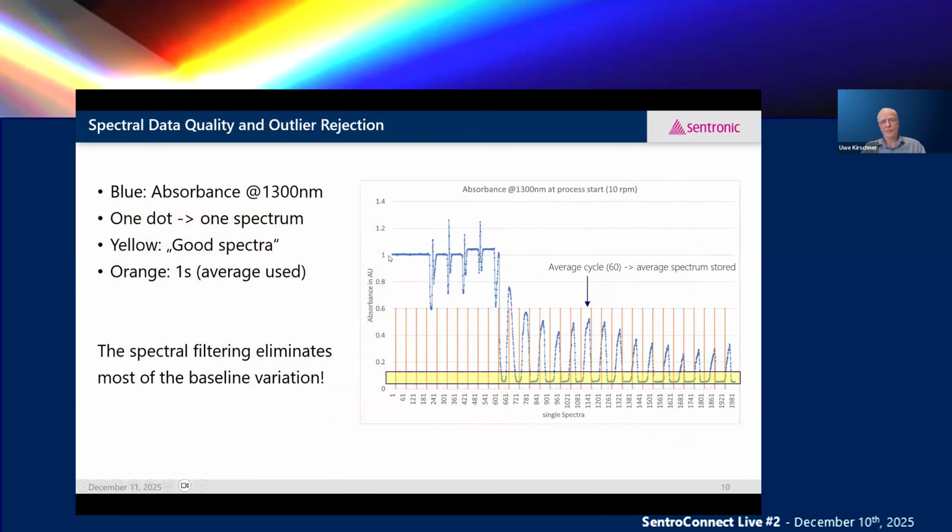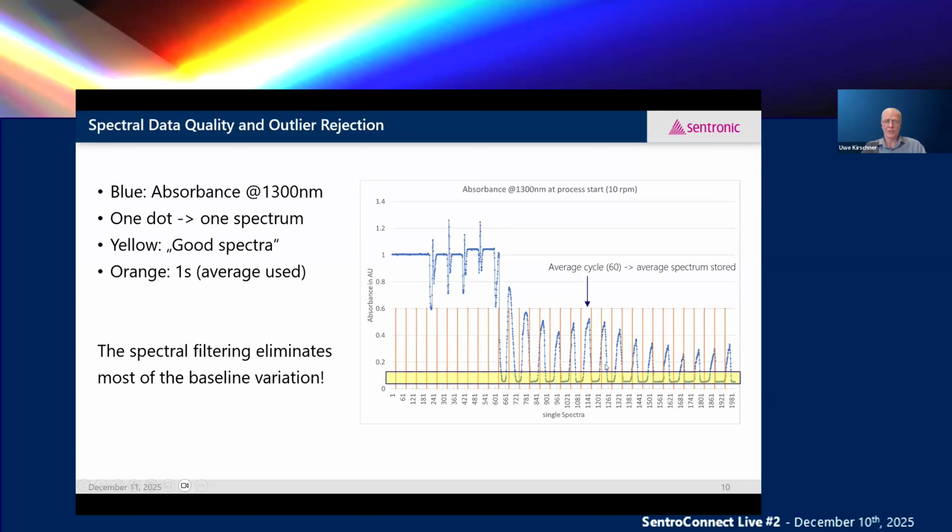And on the slide, which was just taken at the same time as the video, we see the wavelength monitor of our NIR data at a baseline wavelength, like 1300 nanometers. In the beginning, high baseline just means we're looking into the empty chamber. Then the filling happens, and we see how the baseline is going up and down over time cyclically. Even behind the notches, there is some time where there is no sample presentation.